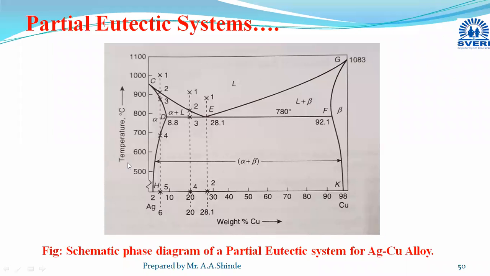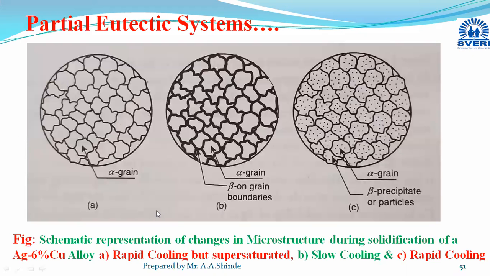So in this way, this is the cooling. What exactly happens during the cooling of an alloy with this 6% of copper, and for that some microstructural changes are there. So these are the alpha grains.